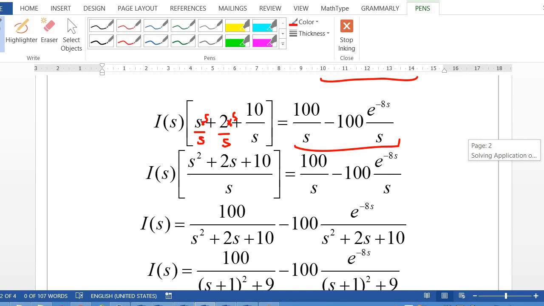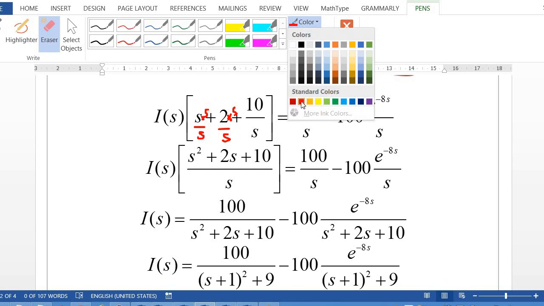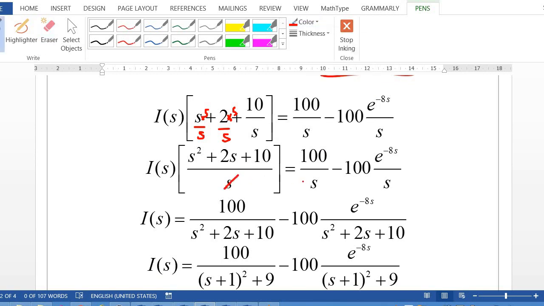You notice that with the left side and right side you have the same denominator, which is over s, so you can cancel the denominator on both sides. Then we want to solve for I(s).